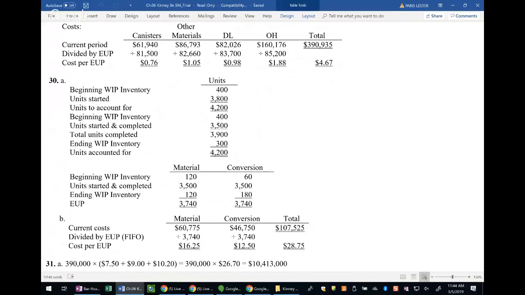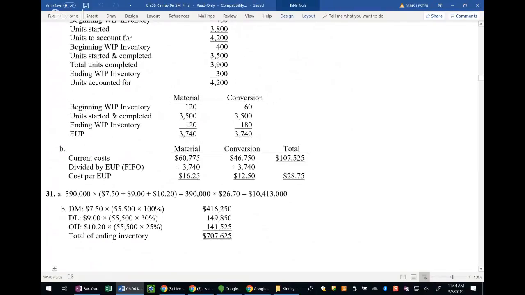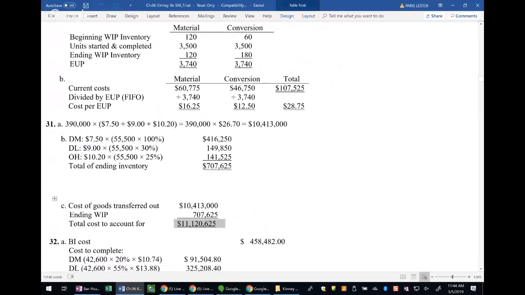Oh, okay, so you just added A. Wait, no, what is the total cost of goods completed? We completed 390, and that's the 10. Right. And then the ending inventory was the 7. You just add the two together. That means your cost is accounted for.